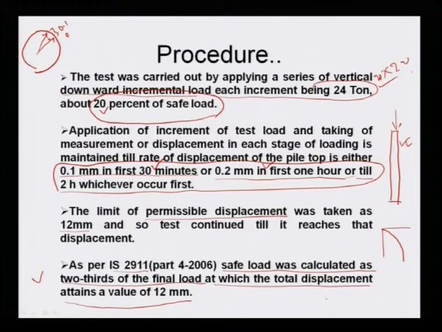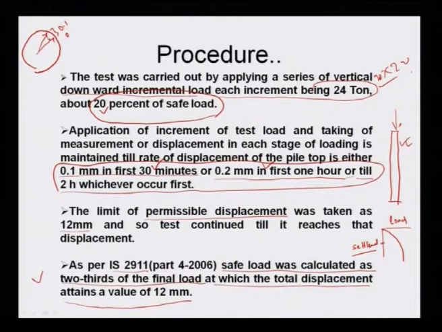If I plot load versus settlement, whatever I got, first increment, second increment, third increment or fourth increment, if I plot load versus settlement, as per IS 2911, safe load was calculated as 2/3 of final load, at which total displacement attains a value of 12 mm.